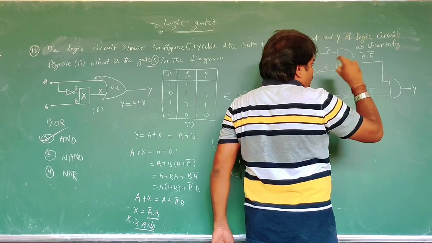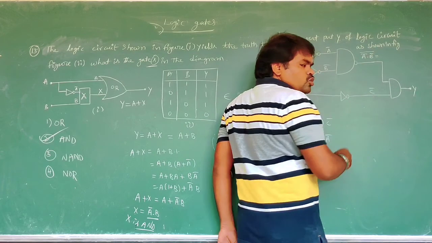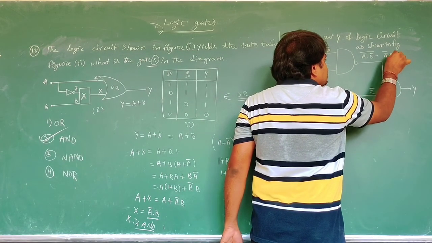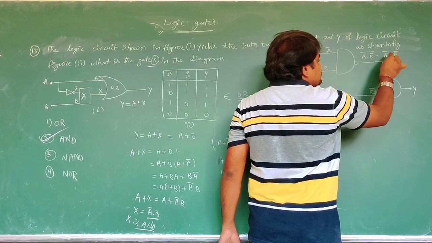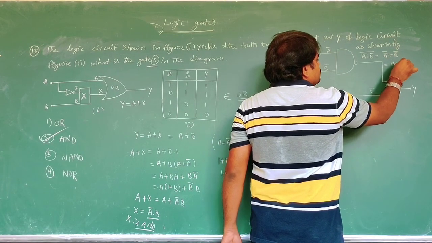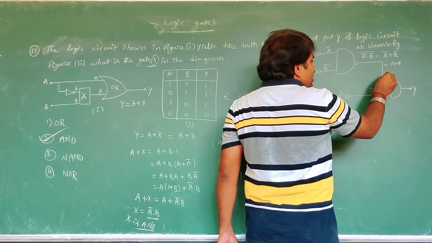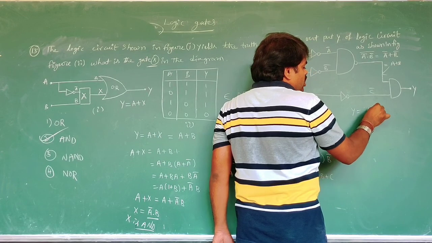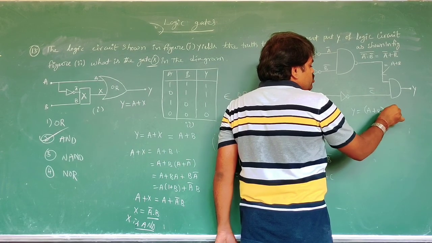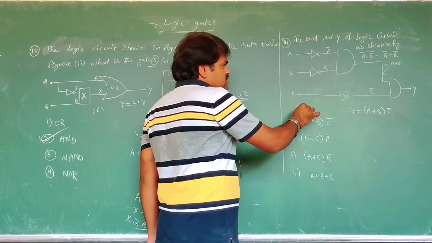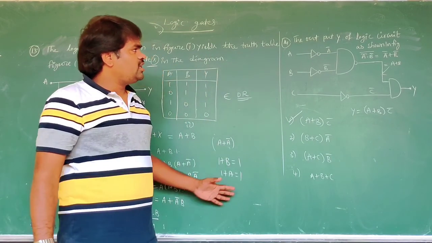Now what you write by using De Morgan's law? A bar whole bar plus B bar whole bar. That is what you write? A plus B. This is the A plus B. Now then Y is equal to A plus B into C bar.